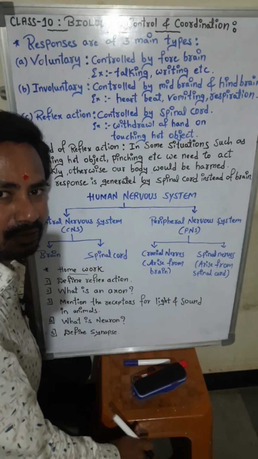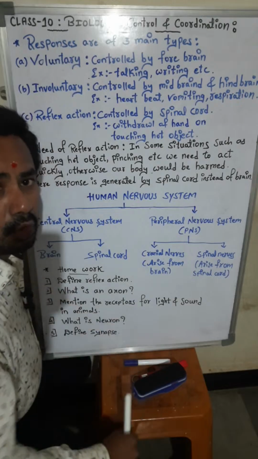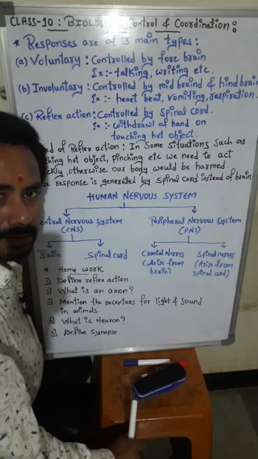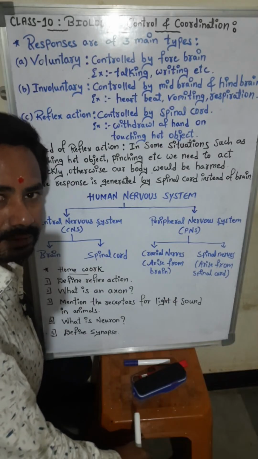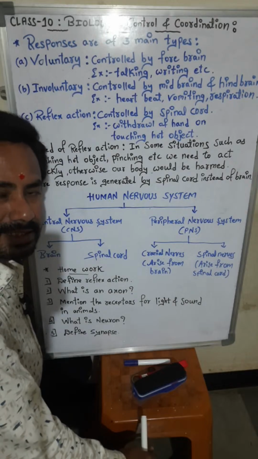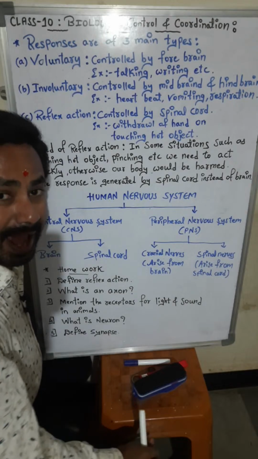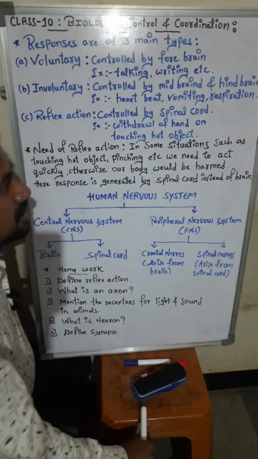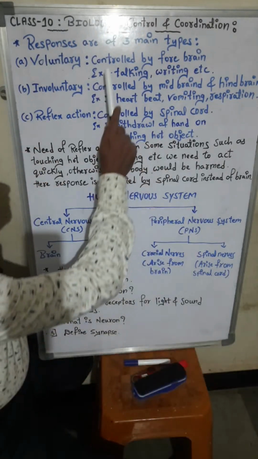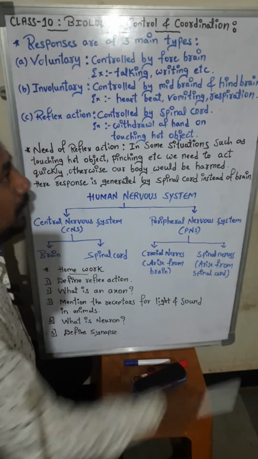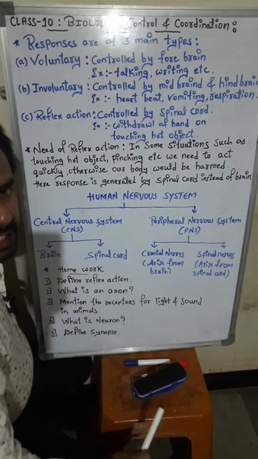Examples: reading, writing, talking, cycling, and so many other activities. The actions which are under our control are called voluntary actions. Is it clear? Controlled by whom? The forebrain.